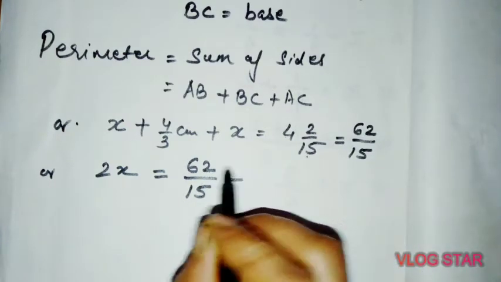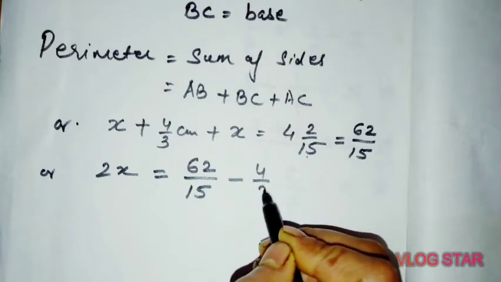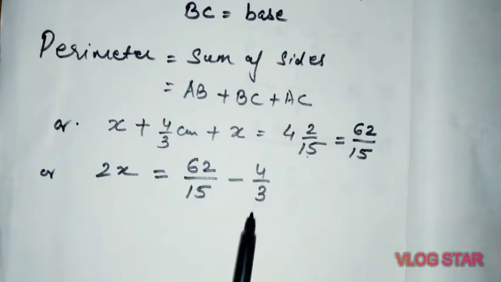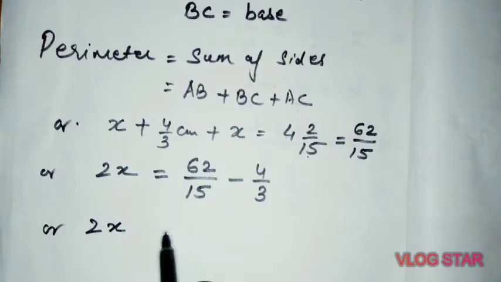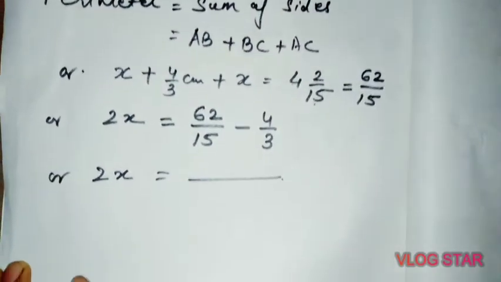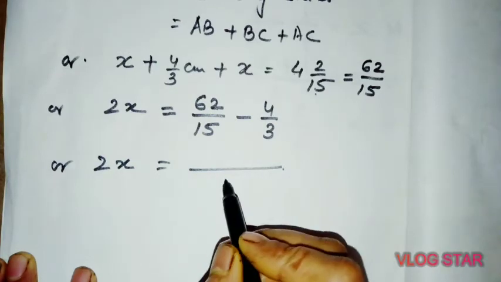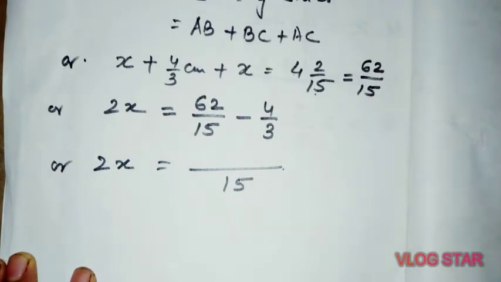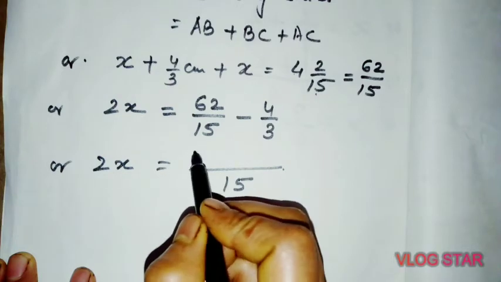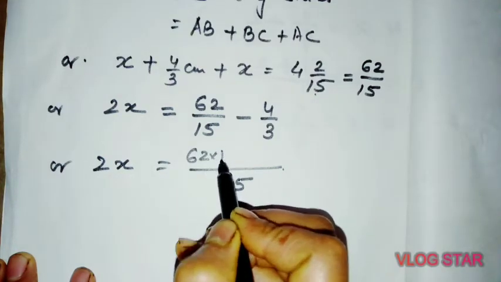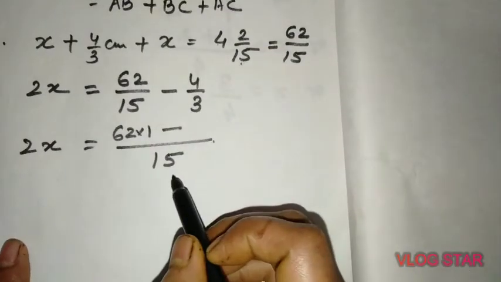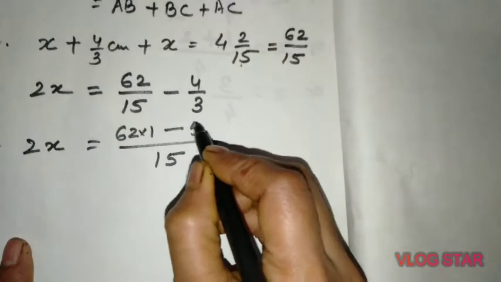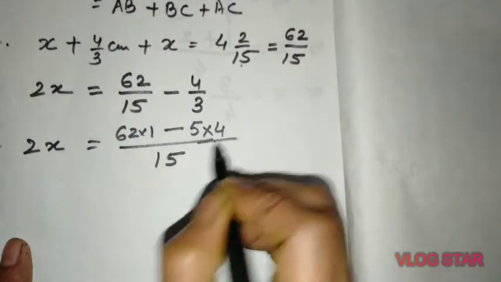This 62 upon 15 minus this 4 upon 3. Now both are rational numbers, and we have to solve this. 2x is equal to, taking the LCM of 15 and 3, because 15 is a multiple of 3, so LCM is 15. Now 15 divides 15 one time, so 62 into 1, minus 3 divides 15 five times, so 5 into 4.